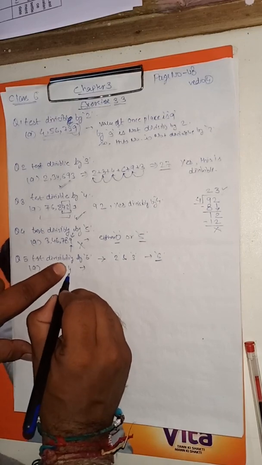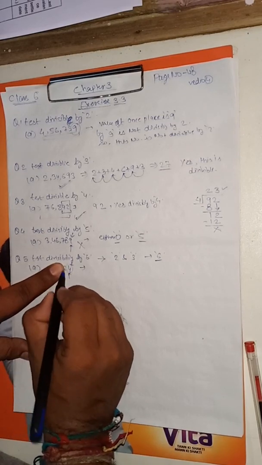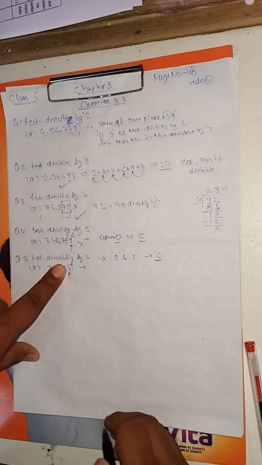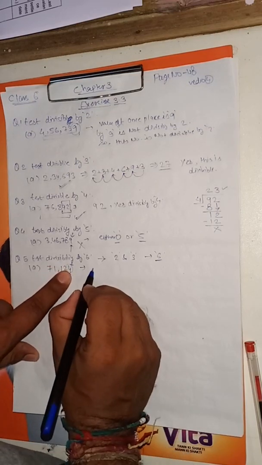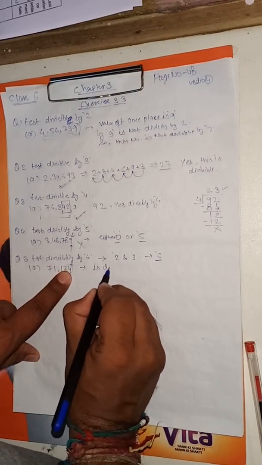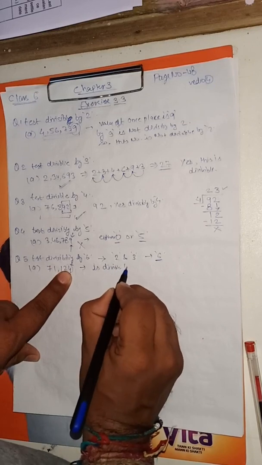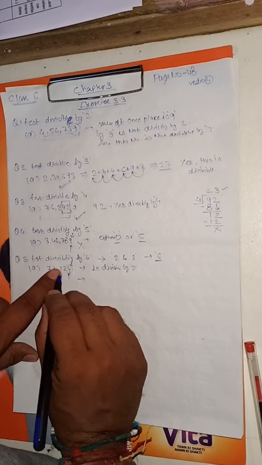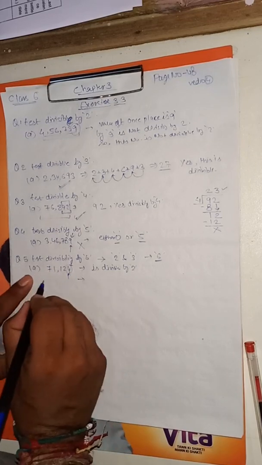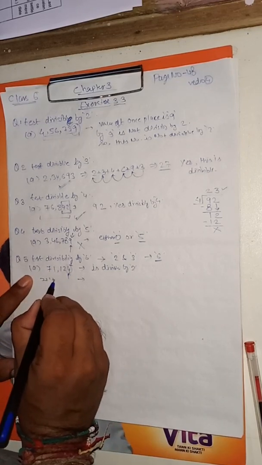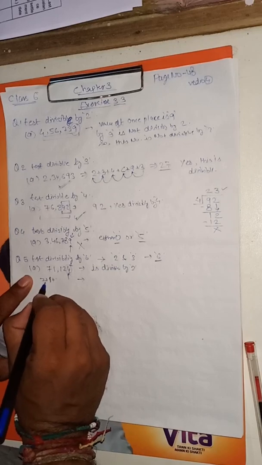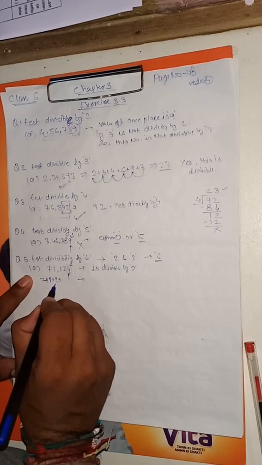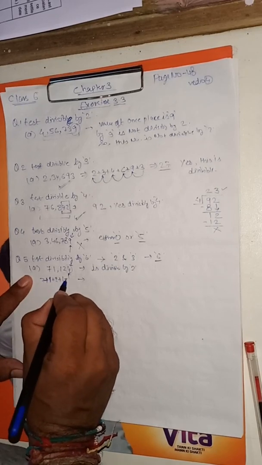Is 4 in 2's table? Yes, 2 2s are 4. So this number is divisible by 2. Now we check for the divisibility of 3. What we will do here? 7 plus 1 plus 1 plus 2 plus 4.